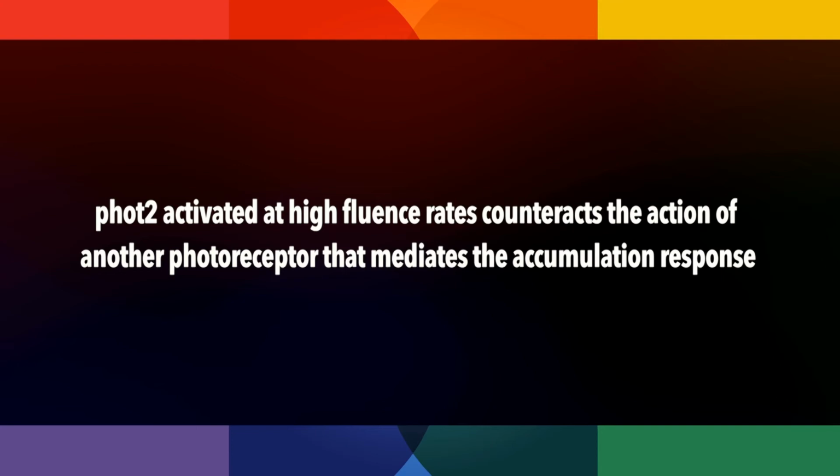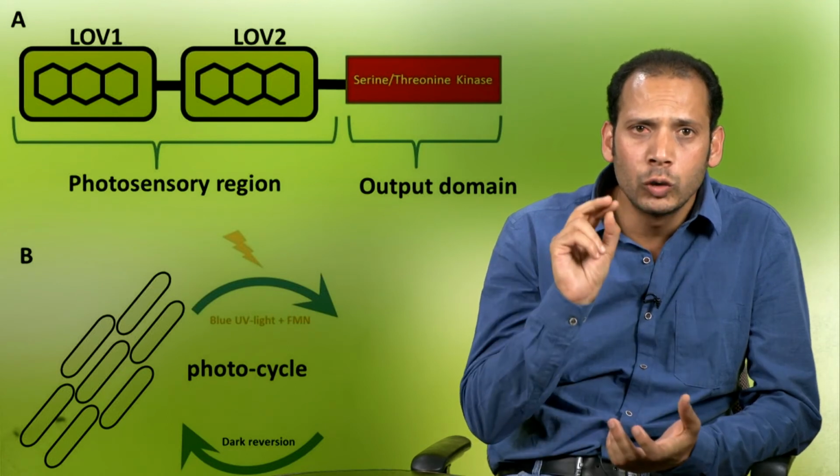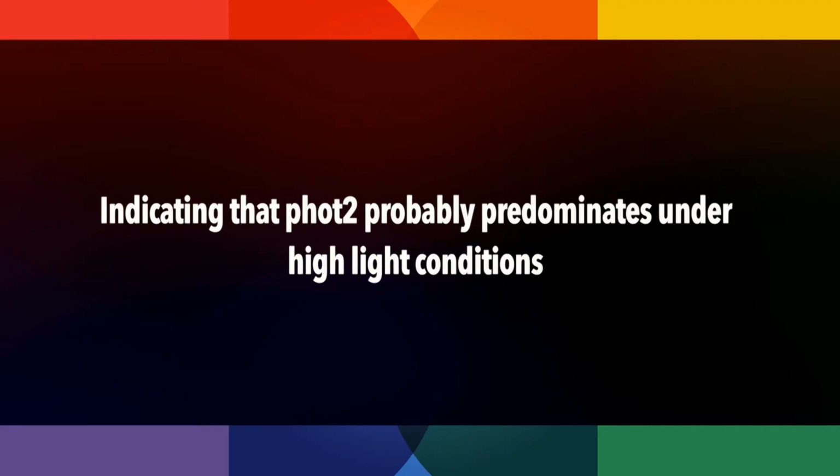Evidently, phototropin 2 activated at high fluence rates counteracts the action of another photoreceptor that mediates the accumulation response. Both studies also found that phototropin 2 gene expression is upregulated by light, indicating that phototropin 2 probably predominates under high light conditions.